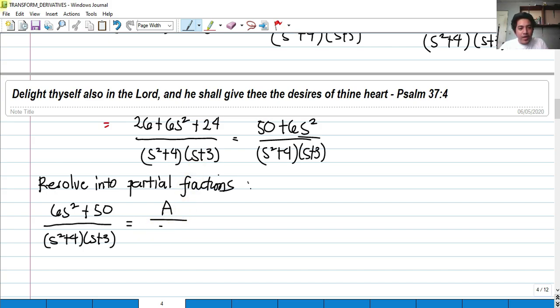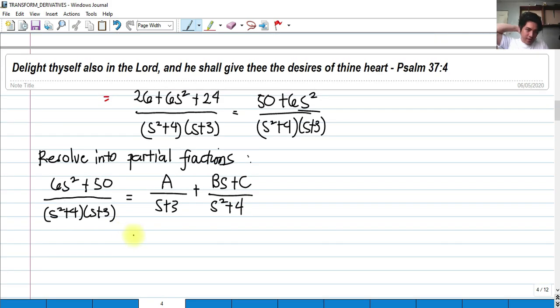We have A over s plus 3, distinct, and the degree is 1, so we have only A, plus Bs plus C over s squared plus 4, because this is quadratic. So we need to solve for the values of A, B, and C.